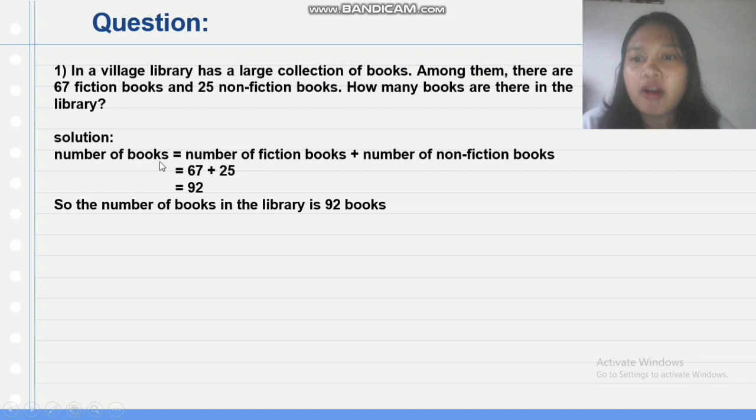Solution: the number of books equals the number of fiction books plus the number of non-fiction books equals 67 plus 25 equals 92. So the number of books in the library is 92 books.